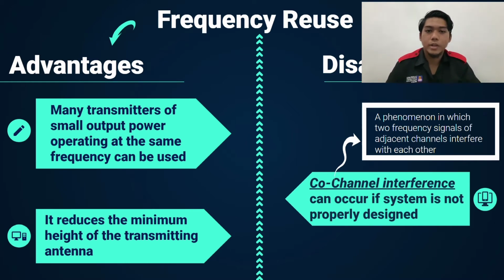Disadvantages of frequency reuse: co-channel interference can occur if the system is not properly designed. Co-channel interference is a phenomenon in which two signals on the same frequency interfere with each other.